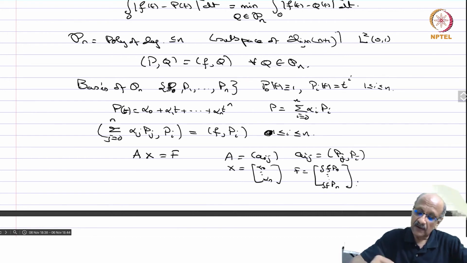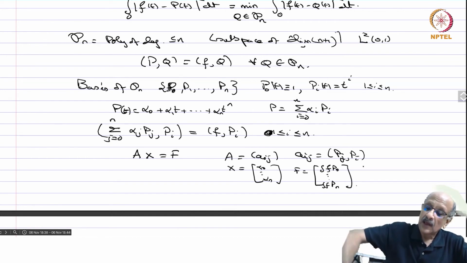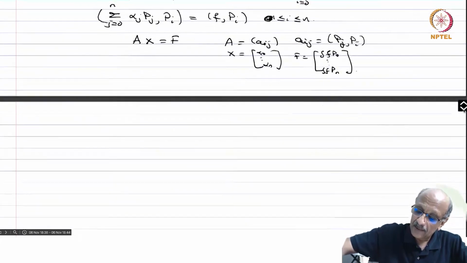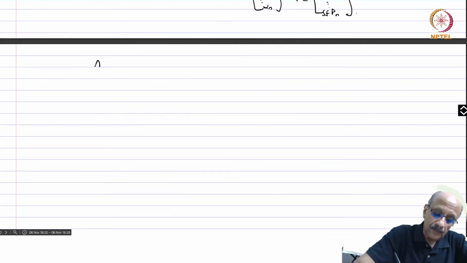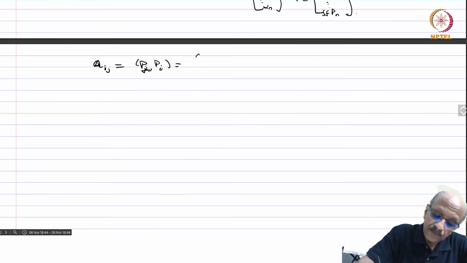Okay, so then you have Ax equal to F, and you solve this. This matrix A, aij, is equal to (pj, pi), and that is equal to the integral from 0 to 1 of t to the power i plus j dt, which is 1 by (i plus j plus 1).